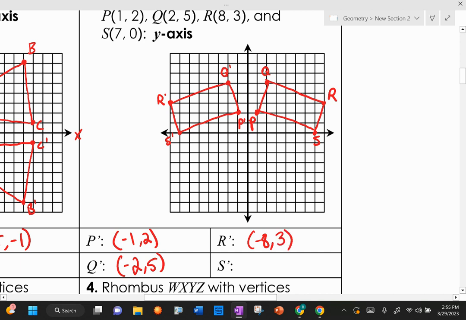And then make sure you get your ordered pairs down for your prime values now on the bottom. And then you'll be done with that one.